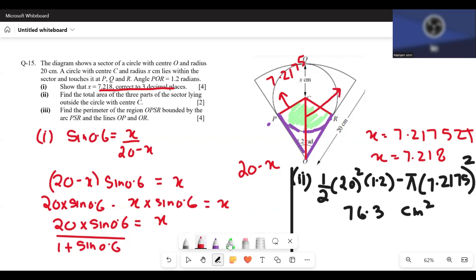So 20 minus answer, 12.78247. Okay, this was 20 minus x. So now it becomes 12.78247. And now you may apply Pythagoras to get PO, or you may use SOHCAHTOA as well, because it's a right angle triangle. Okay, I'm going to use Pythagoras.